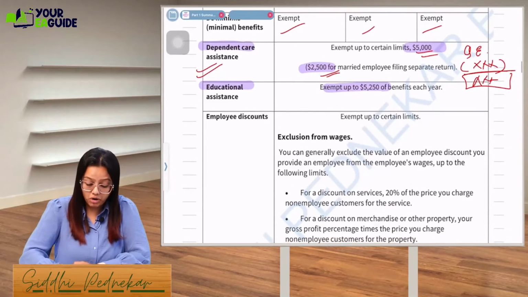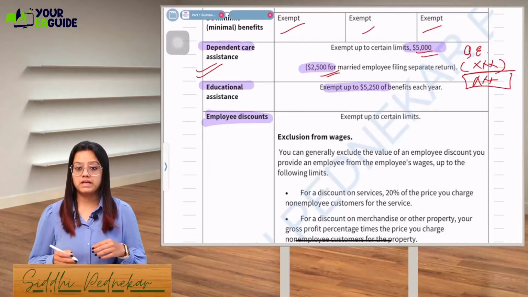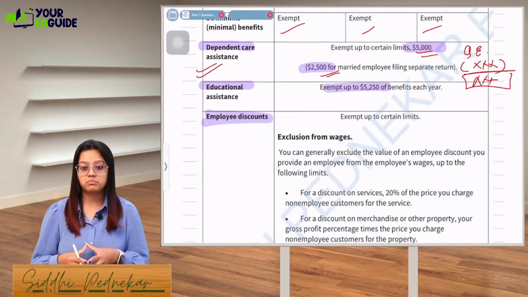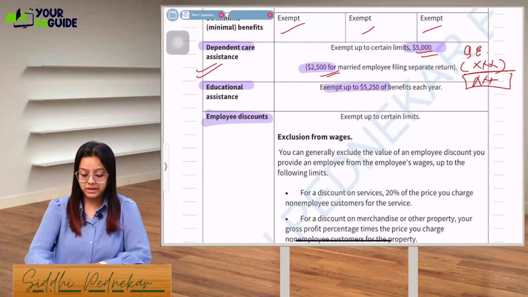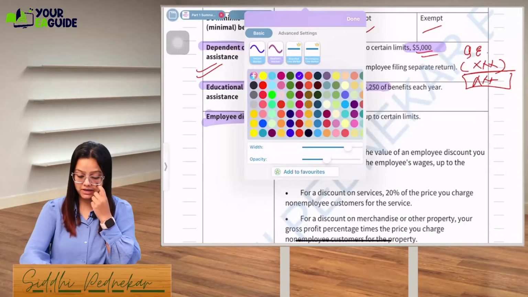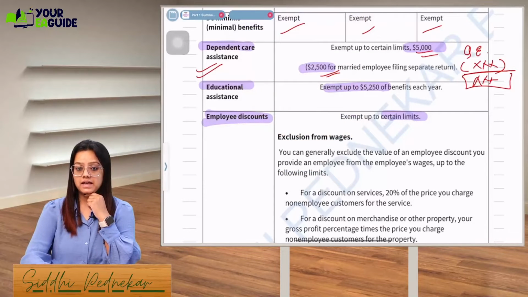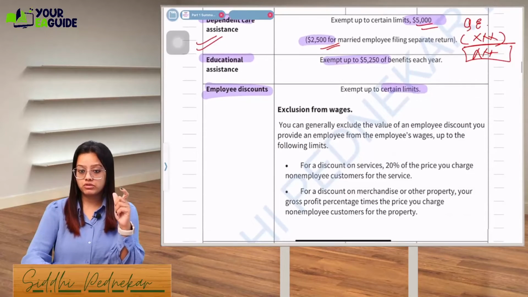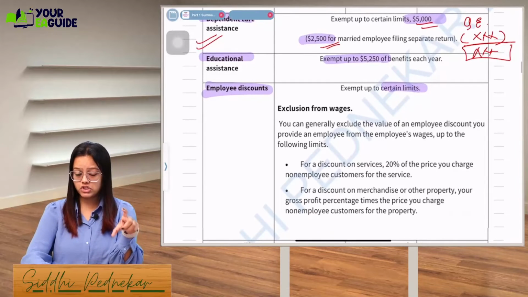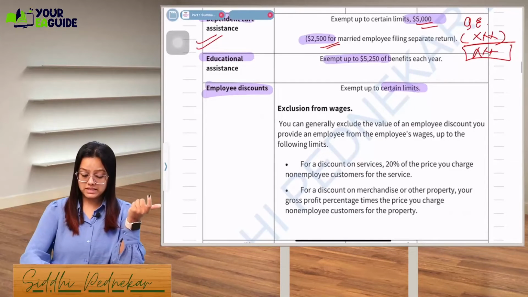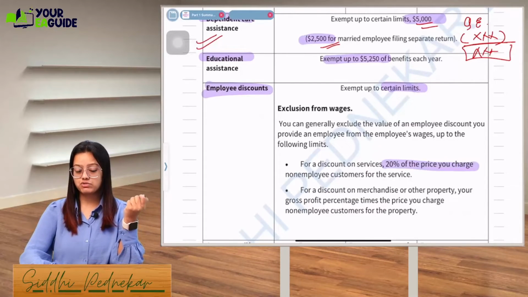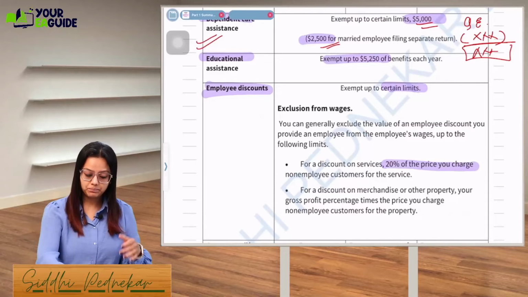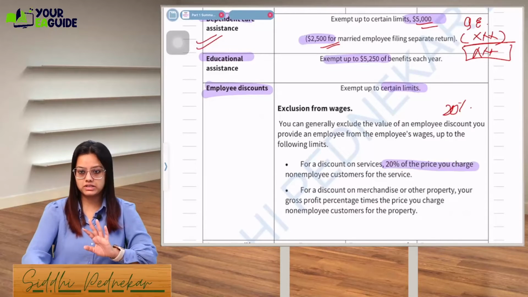Okay, employee discounts. If you are going to receive any employee discount, it will be exempt up to a certain level. What is the limit? It is mentioned by the IRS that it will be excluded from your wages if the discount which is provided to you on the service is up to 20% of the price which is charged to the normal customer. So can I say up to 20% of the discount is allowed?